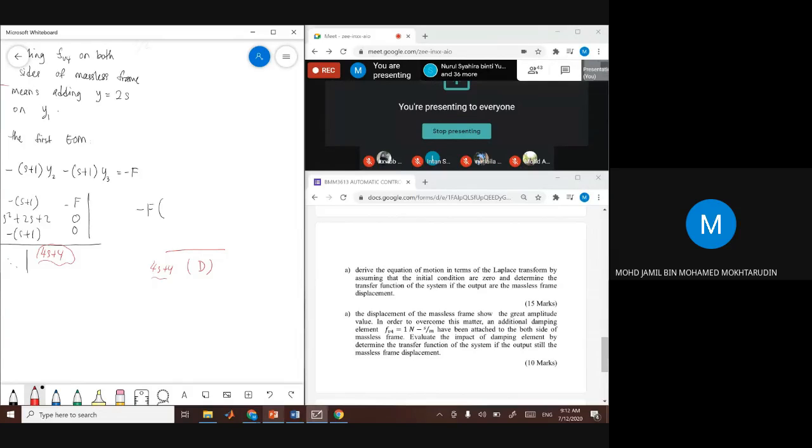The impact of adding dampers. So when you modify the denominator, then it affects the stability, because we know from previous two lectures, we need to use the denominator to determine the stability, maybe by using Hurwitz or by finding the poles.